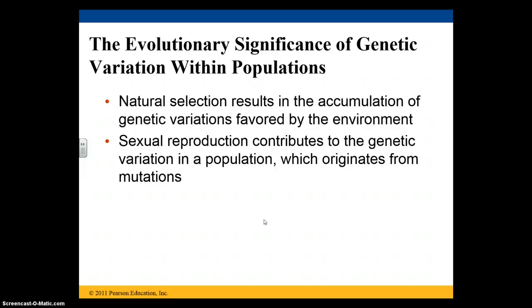Sexual reproduction is going to contribute to genetic variation, which originally came from mutations, and then when the cells divide, they undergo further genetic shuffling, in crossing over and then during meiosis. So the point is, all of these processes lead to genetic variation, which influences how a species will evolve over time.